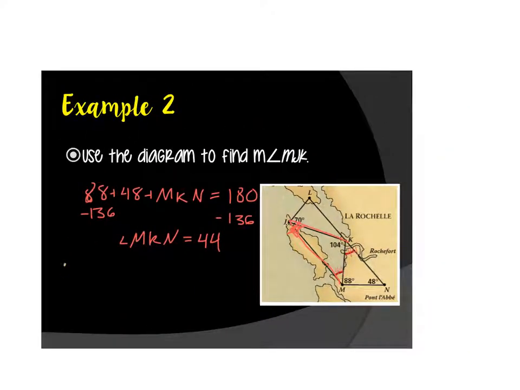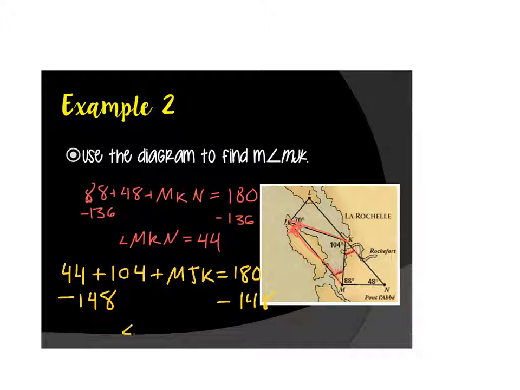So we would add 44 plus 104 plus MJK is equal to 180. So we get 148.